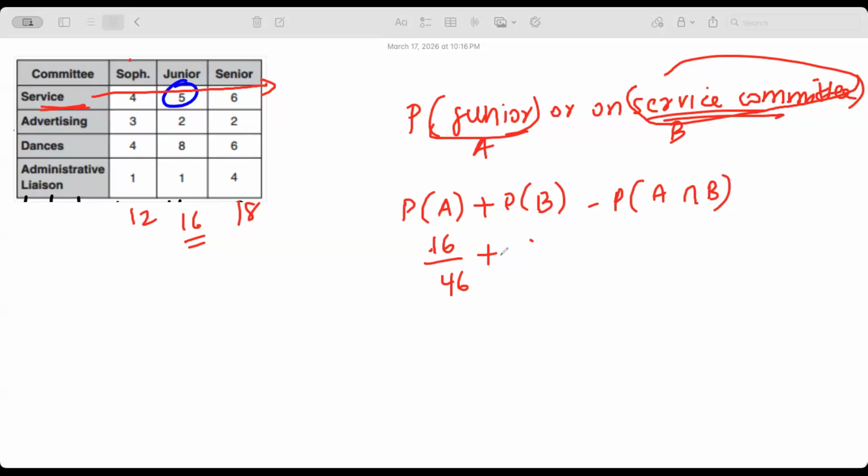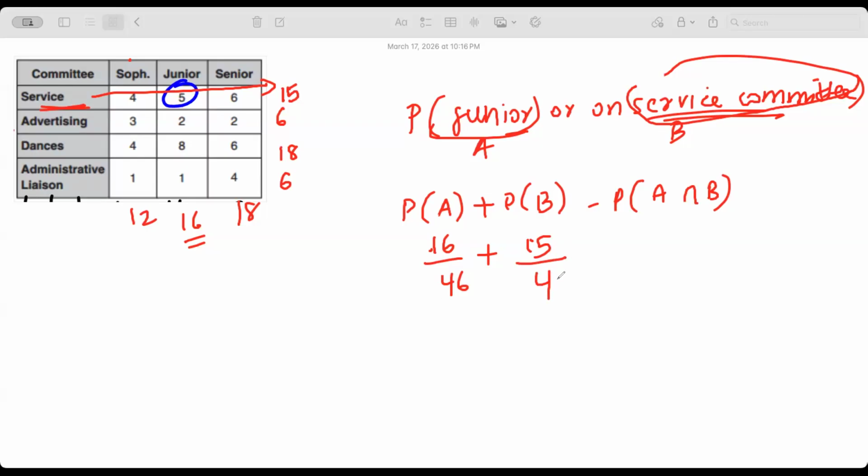What is the probability? It is 15 over 46. How did you get the 46? Because you add up the total amount of students. Good. You added the total number of students.